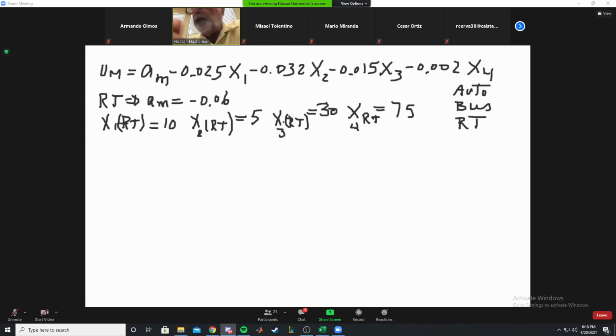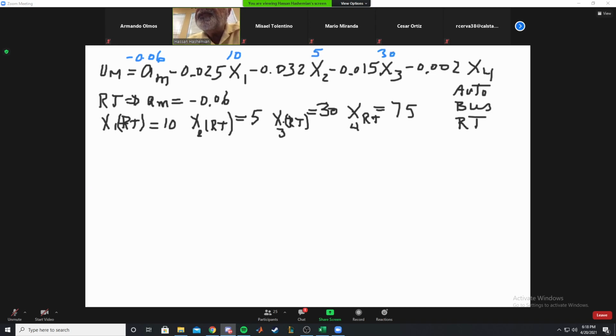If I give you that information, I want you to find the utility of rapid transit. To find it, what do we do? We put a sub m, minus 0.06. X1 you put 10. X2 you put 5. X3 you put 30.